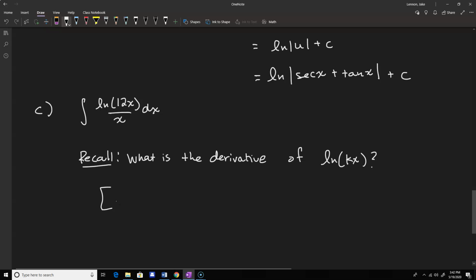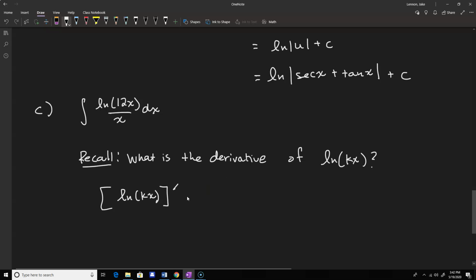I don't know. We could do it either way. If you have the natural log of kx, properties of logarithms would say that actually we could write this, and let's just assume for now k is a positive constant so we don't get in any trouble with domain restrictions. If it's not, then you can just leave it with the x and then pull out whatever the positive value is.